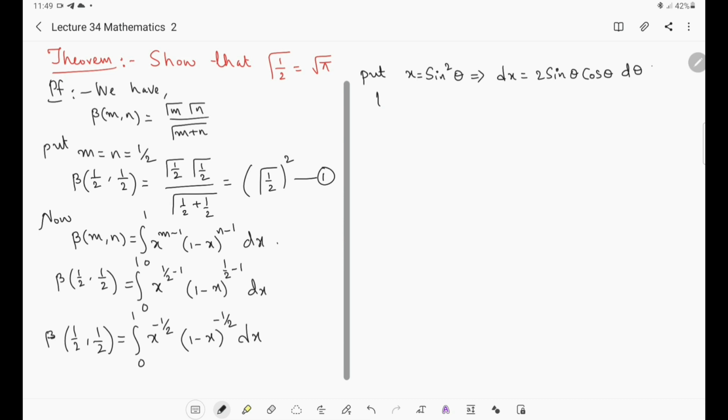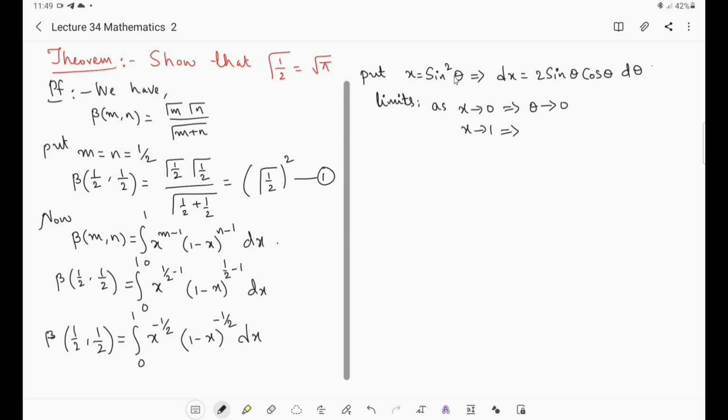See, the lower limit is x goes to 0, and the upper limit is x goes to 1. As x goes to 0, sine square theta will be 0, so sine theta will be 0, which happens at theta equals 0. So theta goes to 0. Next, as x goes to 1, sine square theta will be 1, so sine theta will be 1.